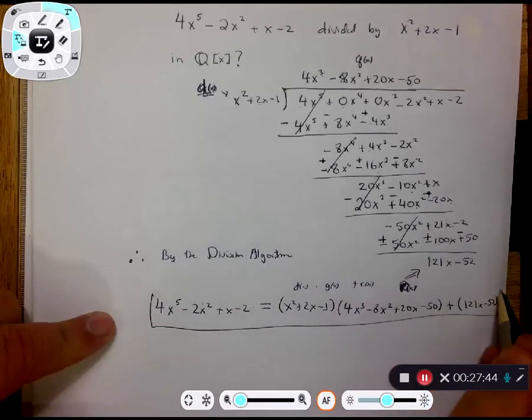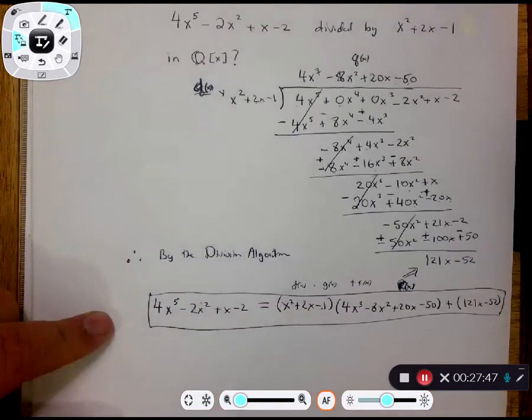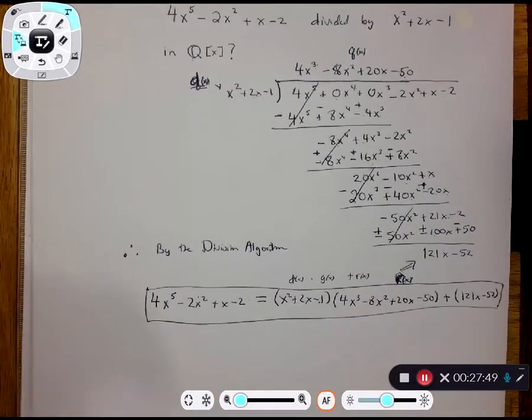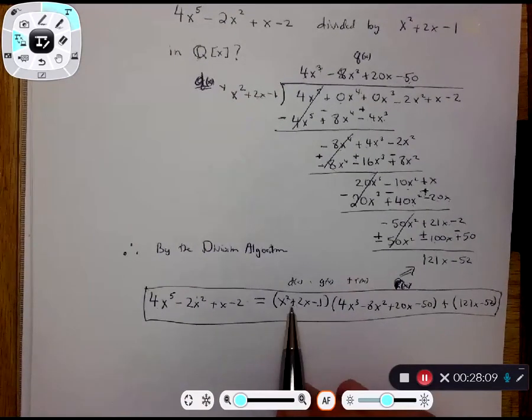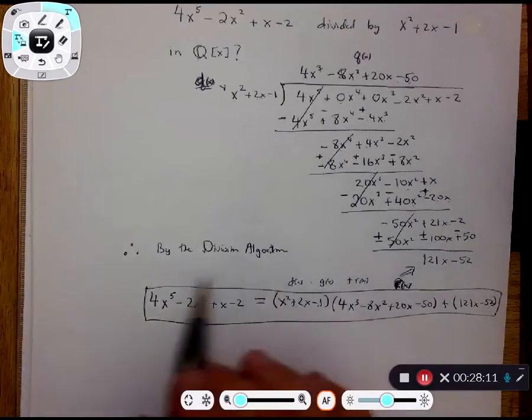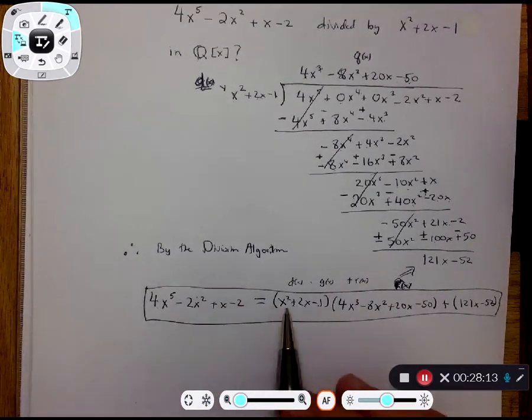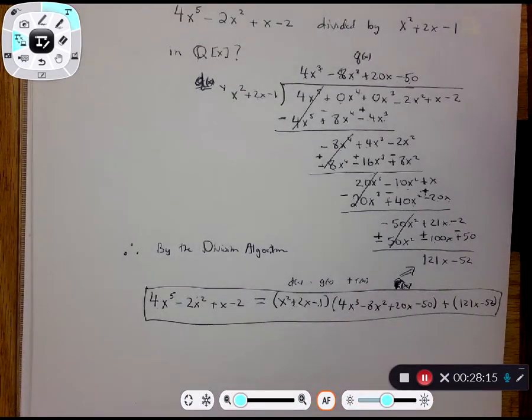Now I have my polynomial 4x to the 5th minus 2x squared plus x minus 2 equal to x squared plus 2x minus 1 times 4x cubed minus 8x squared plus 20x minus 50, plus 121x minus 52. So that gives me the divisor times quotient plus remainder. I've rewritten my polynomial in the form of the division algorithm.